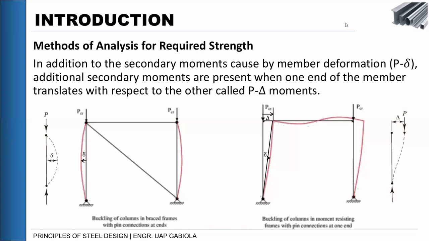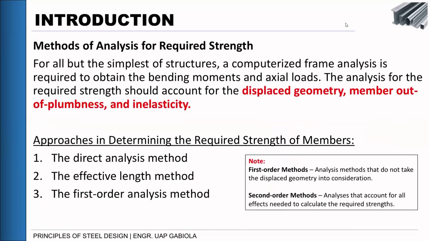Okay. So for all but simplest structures, a computerized frame analysis is required to obtain yung mga bending moments and axial loads natin for our member. So the analysis for the required strength should account these effects.